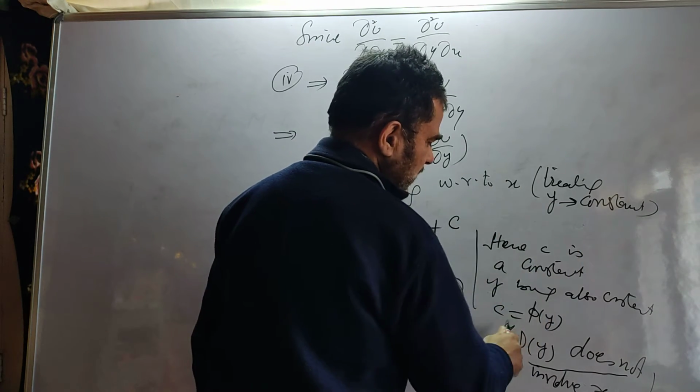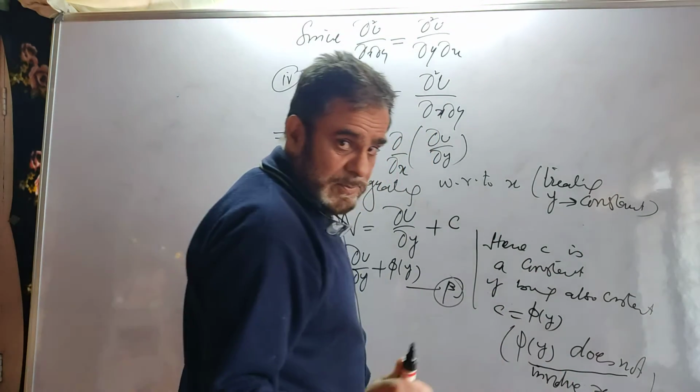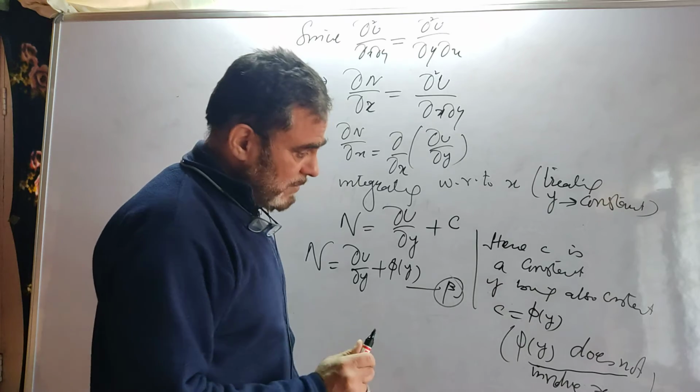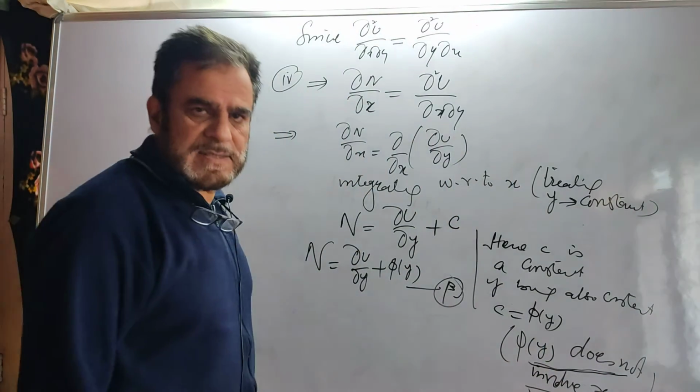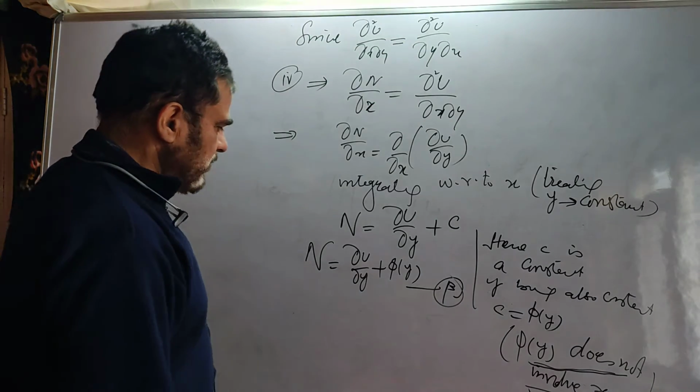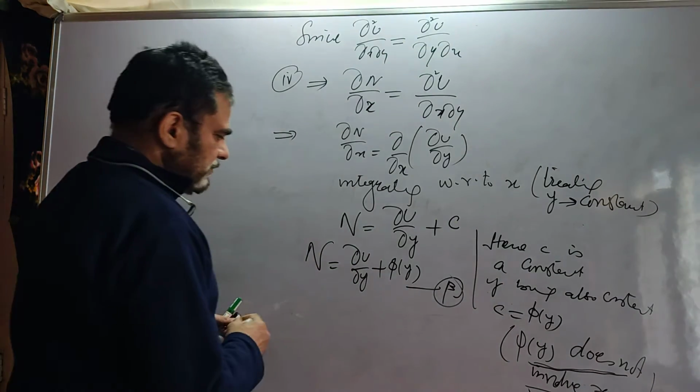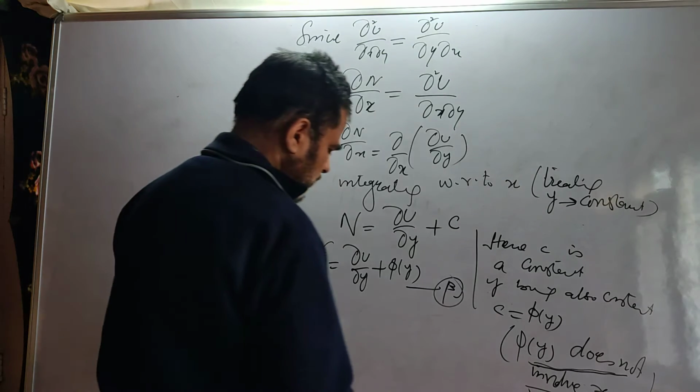So when I take c equal to phi of y, it means that phi of y does not involve x. It is a constant here. This is beta. Alpha, you know what alpha is.